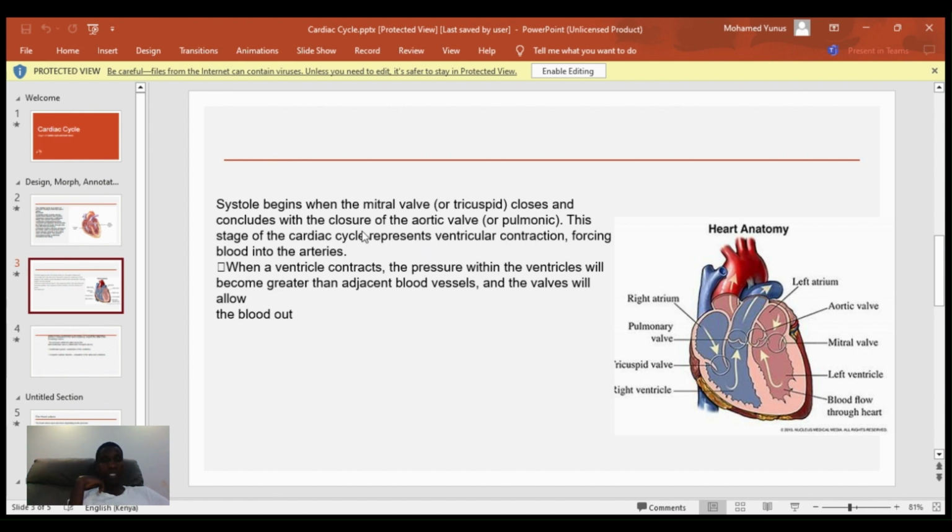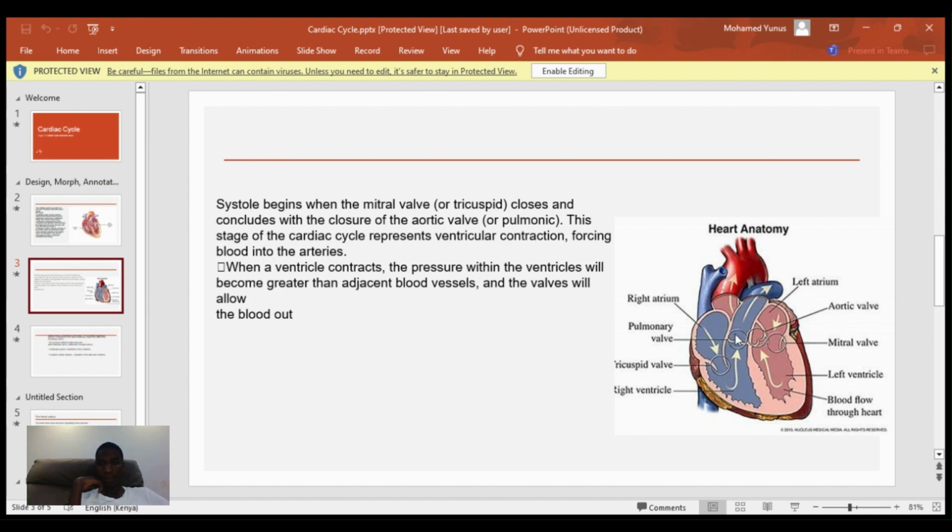These stages of the cardiac cycle represent the ventricular contraction forcing blood into the arteries. The valves that leave the heart aid in the passage of blood from the chambers into the blood vessels.